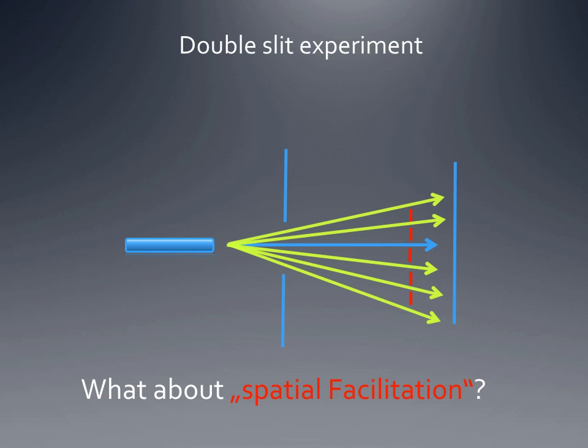This change in space I would like to call spatial facilitation, and it's represented on this little figure by the green arrows and the red lines. A constant flow of particles opens up certain pathways through space, which are represented by the green arrows, and it closes certain pathways in space, which are represented by the red lines.